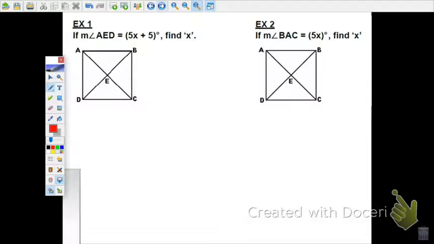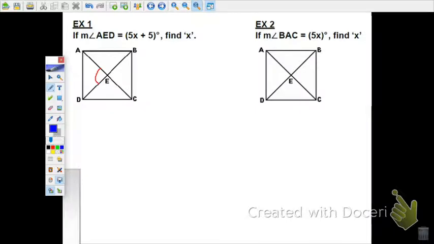In this first example, it tells us that the measure of angle AED is 5x plus 5. And they want us to find x. So what else do I know that will help me find the value of x for this first problem? Connor? They're perpendicular, right?